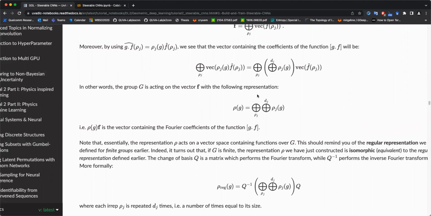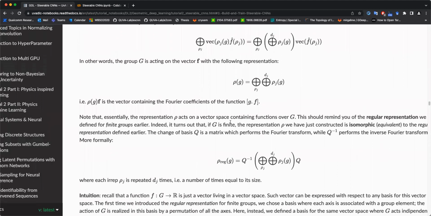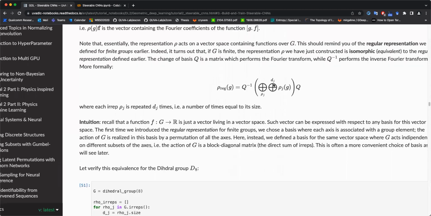What we said before is that the regular representation essentially contains all the IREPs, and you can kind of see this here, because it turns out this construction is an equivalent representation to the regular representation, and the change of basis that relates this direct sum with the regular representation we built initially is precisely the Fourier transform. You can try to prove this yourself.